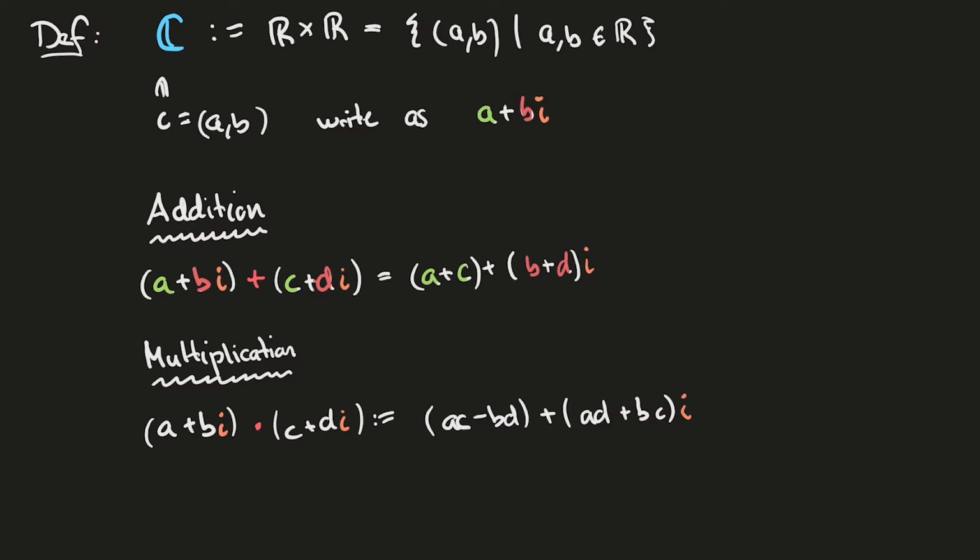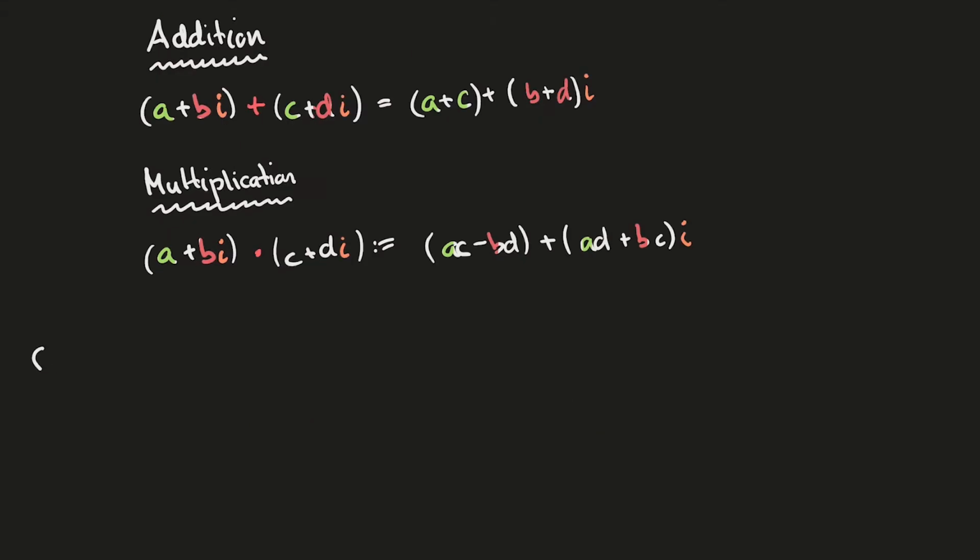So this might seem kind of strange at first. We note that the real part of the first number shows up both in the real and the imaginary part of the resulting number, and the same goes for the imaginary part of our initial number. It also shows up in the real part and the imaginary part of the resulting number. We'll see soon that we don't really have to memorize this complicated formula. It's simply going to be a result of some easy rules of arithmetic.